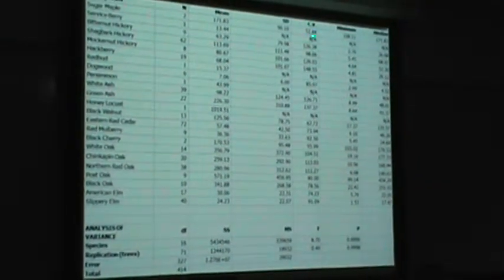This is the statistics and analysis of variance for stem biomass. As you may see here, the coefficient of variation ranged from 52.44 to 148.55 for sugar maple and hackberry.